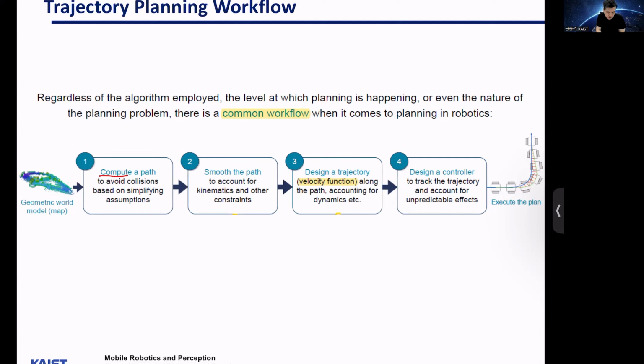First, compute a path, and then we smooth the path, and then design a trajectory, meaning we want to create the velocity or position as a function of time, and then design a controller that makes sure the planned trajectory is tracked. Okay.